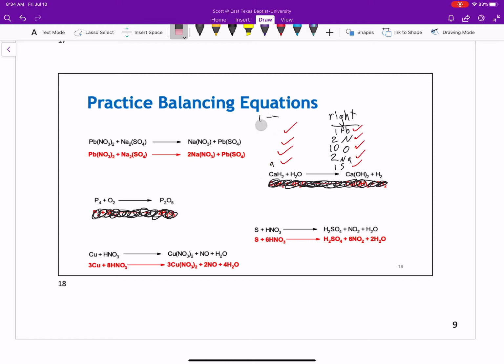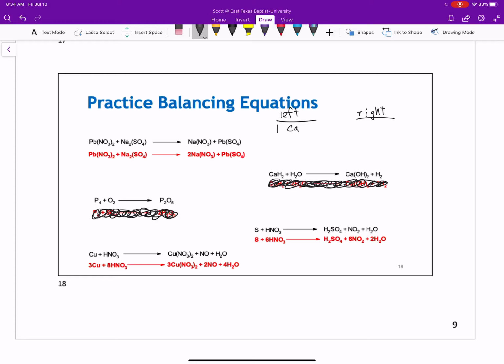Now let's try the next one down here, the middle right. So in this case, we have calcium hydride plus water going to calcium hydroxide and hydrogen gas. Okay, so on the left-hand side, we have 1 calcium.